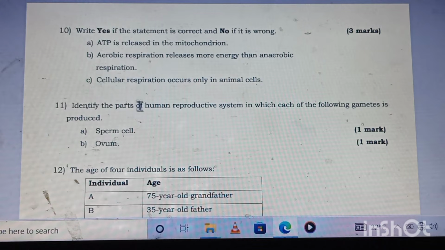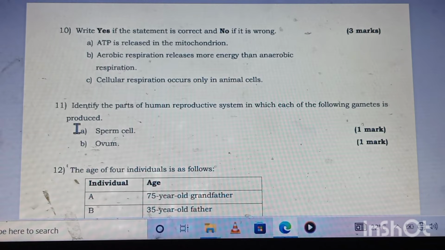Yes, of course, because aerobic respiration produces 38 ATP, while anaerobic respiration produces only 2 ATP during fermentation. C: Cellular respiration occurs only in animal cell? No, because even in plants we carry out respiration. So A is yes, B is yes, but C is no.